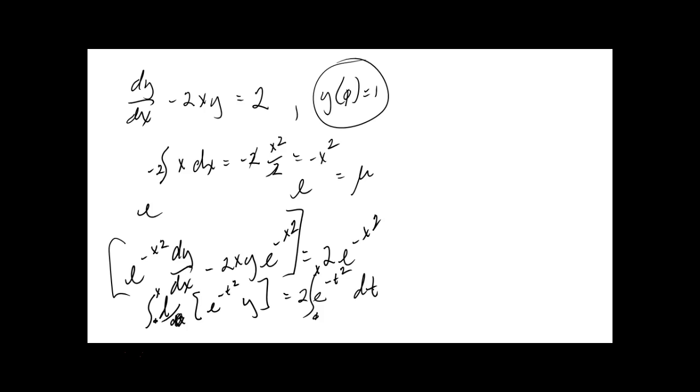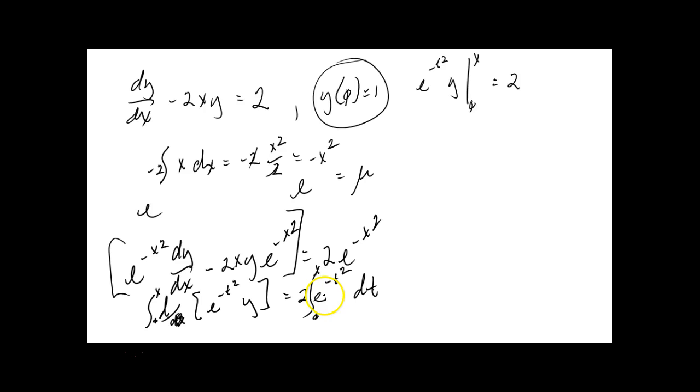So that's what I'm going to do up at the top. And that would be e to the minus t squared y evaluated from 0 to x. And that's the value t, not the y. Okay? And this is equal to 2 times, and that's the integral we don't have.